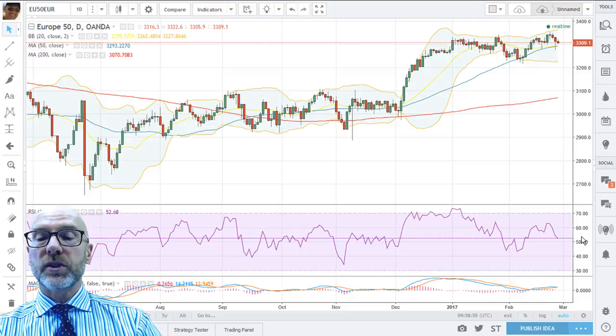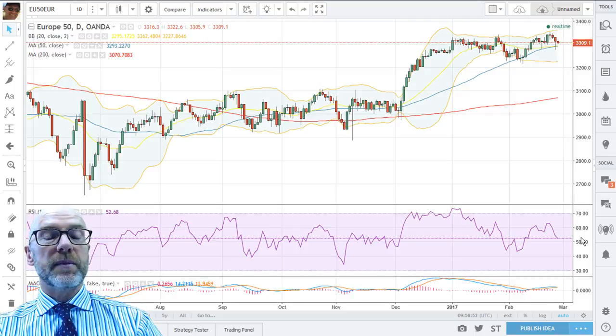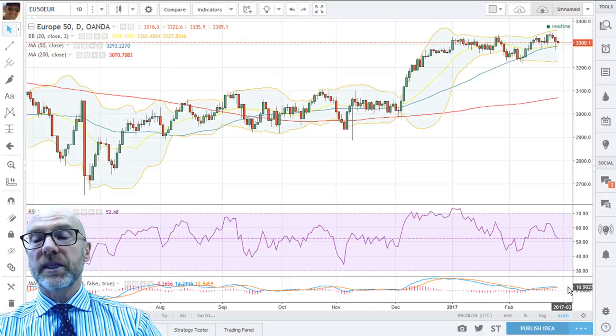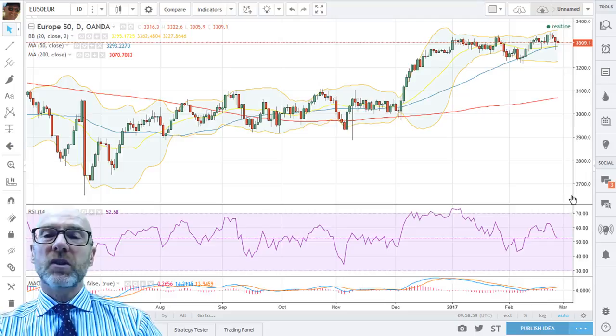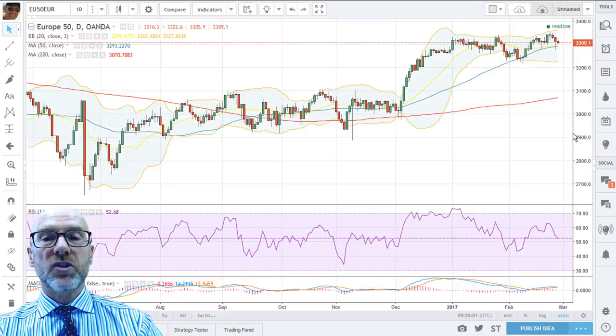RSI 52.68, and the MACD is in a neutral pattern. It looks like this market is probably going to range trade.